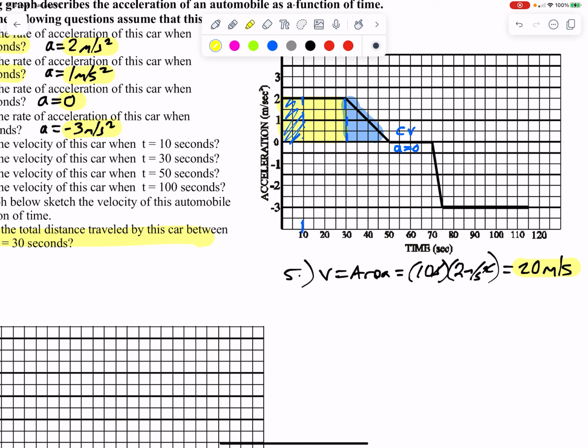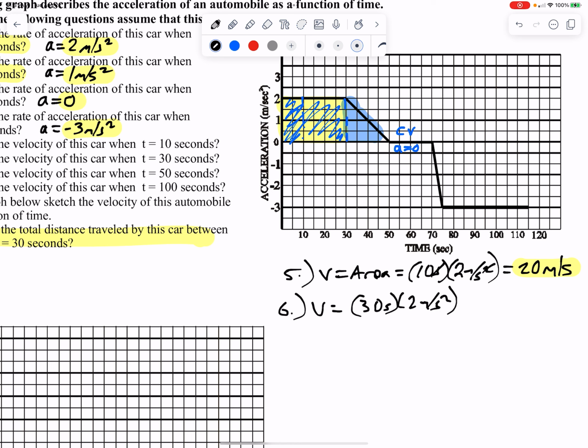Okay, now what would be the velocity of the car after 30 seconds? Well, now, ladies and gentlemen, you're finding the area of this whole rectangle, because that would take you to 30 seconds. Okay, and then we're going a full 30 seconds times the same acceleration, 2 meters per second squared.